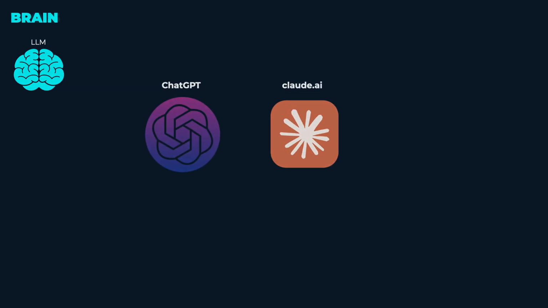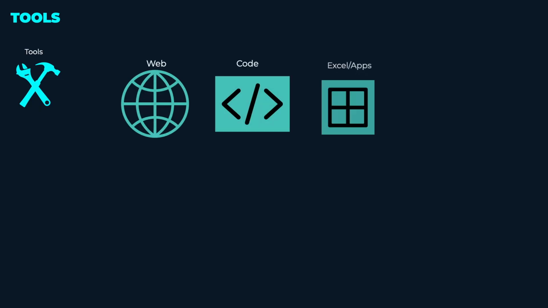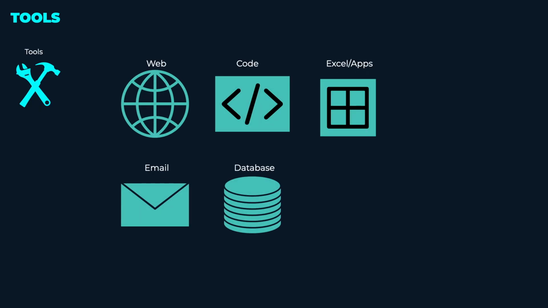It understands the language and reasons through problems. Tools give the AI abilities. Without tools, AI can only talk. With tools, it can browse websites, send emails, run code, access data pages, and interact with different apps.